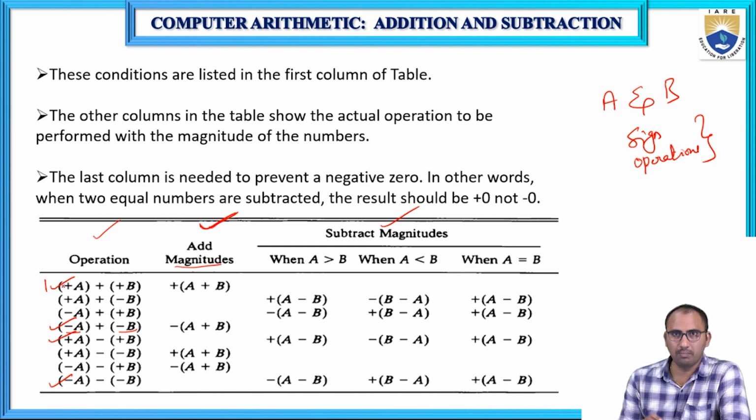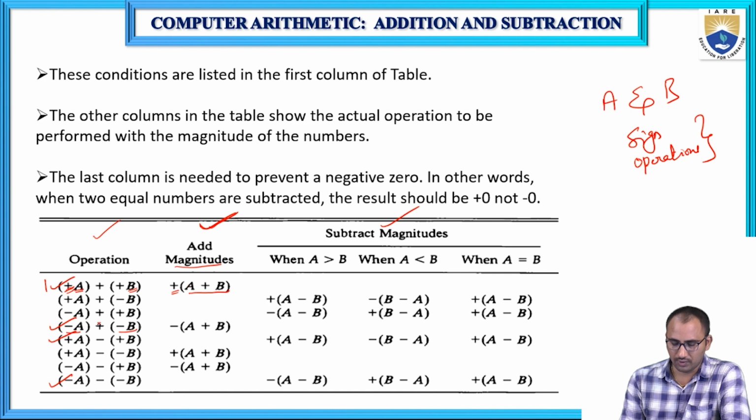That means both numbers are positive. So I am adding the magnitudes. What is the magnitude of the first one? A is the magnitude and plus is the sign of the number. B is the magnitude. I am adding their magnitudes, so A plus B, and I am taking the sign of the first register, plus.